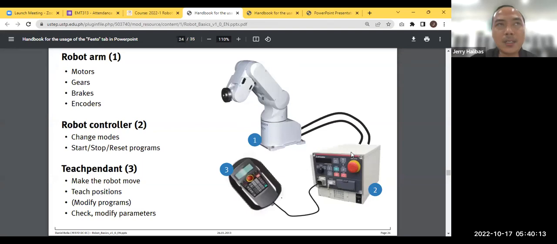So the robot controller is not the PLC. It's not the programmable logic controller. Okay? It is different because the robot controller has servo drive cards that drive the servo motors of your industrial robot. For a PLC, it requires an additional card, an additional module, for it to drive a servo drive.